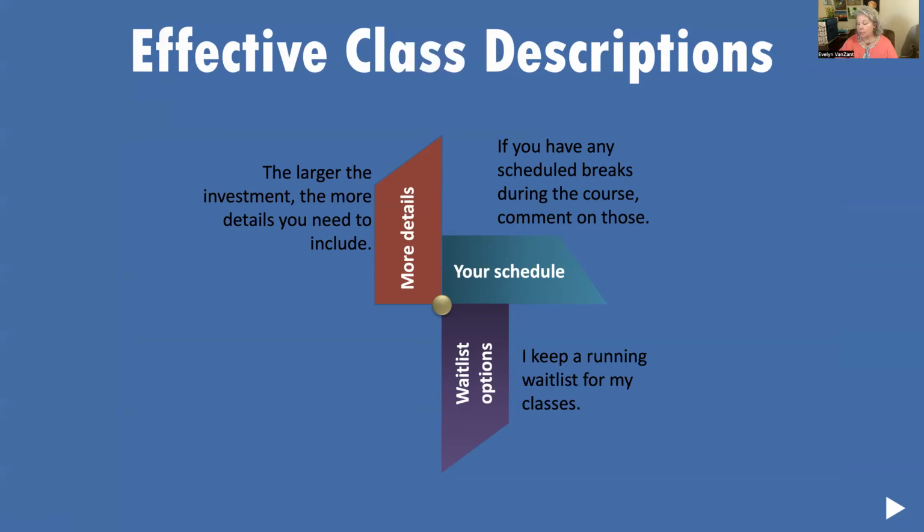And I think that this does two things, in my opinion. It communicates that your classes are doing well and filling up. And we're going to talk about how to push that later when we talk about scheduling your classes. But that is one of the things that you can put in there.